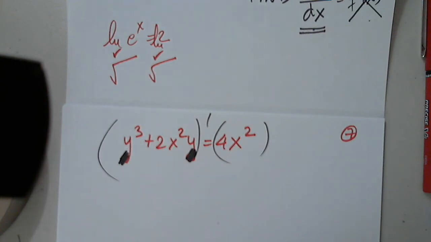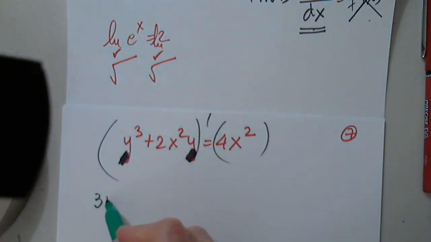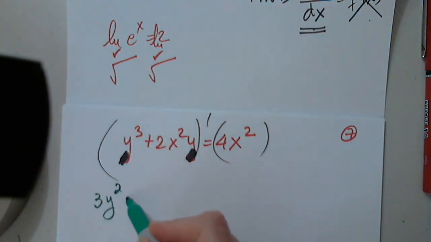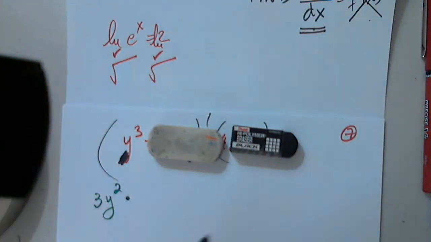What is the rule that we apply for a function to the third power prime? We bring 3 down. We do what? Minus 1. Good. Times the function prime. Excellent.